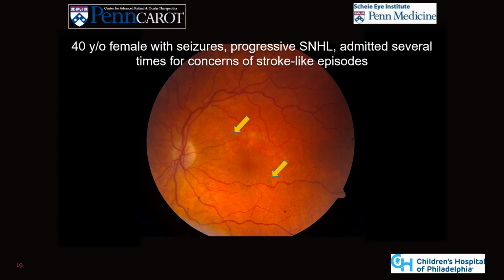This is another example of abnormalities that are both in the outer retina and the retinal pigmentary epithelium. In this case, a 40-year-old female who had presented initially with seizures at age 38, I believe. She also had a history of progressive hearing loss, starting in early adulthood in her 20s, and she was admitted several times at HOP for concerns of stroke-like episodes.